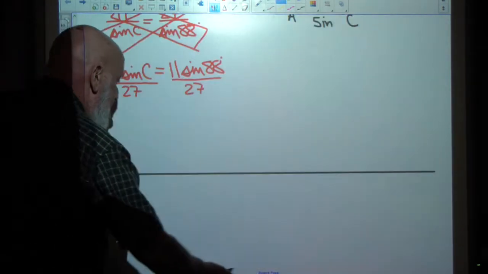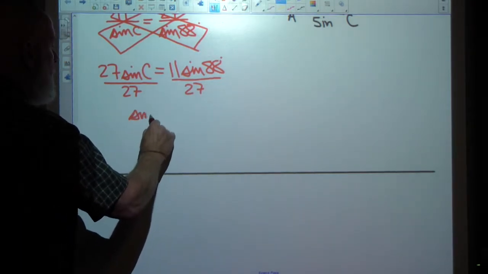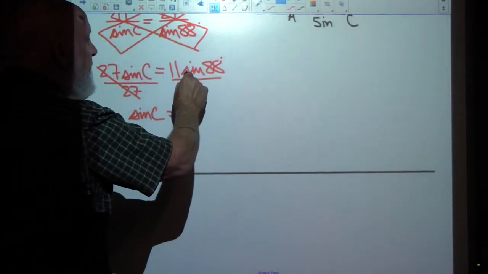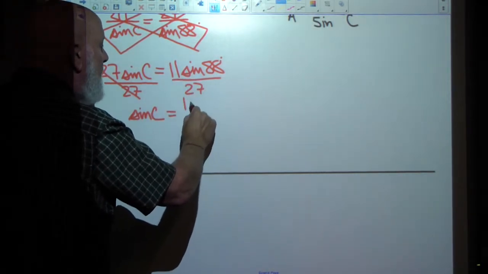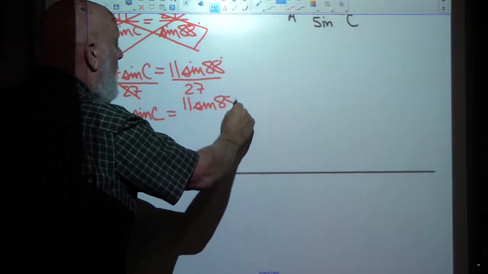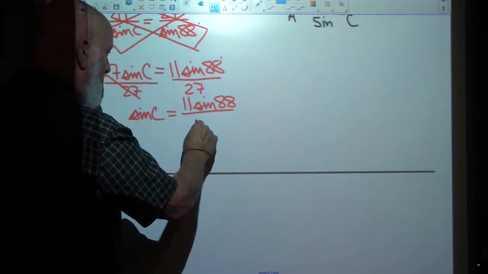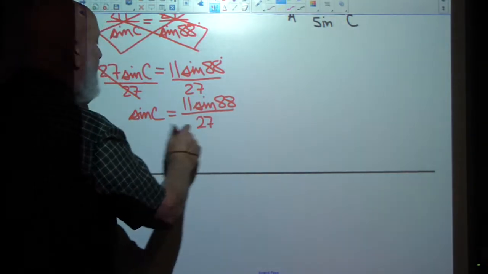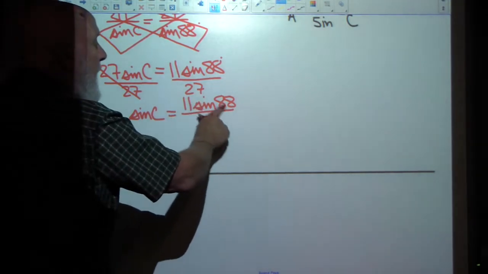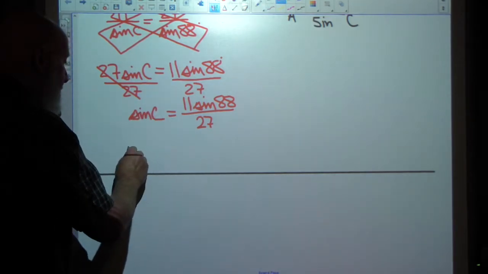And sine C will equal 11 sine 88 divided by 27. I don't want the sine of C though, I want C. So what I'm going to do is evaluate this, take the inverse sine of both sides.